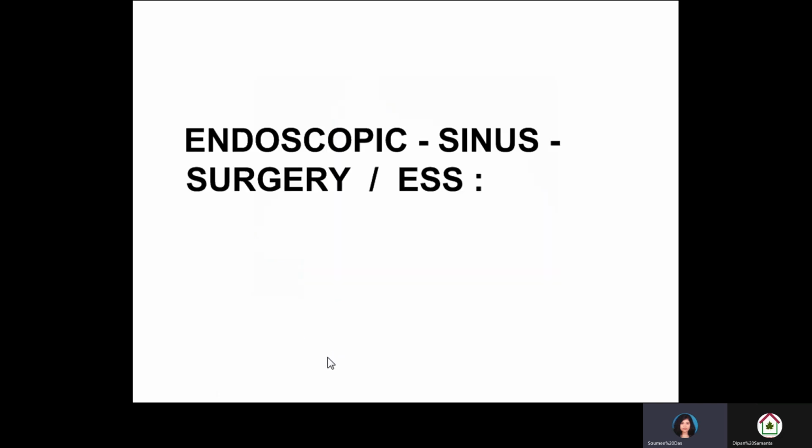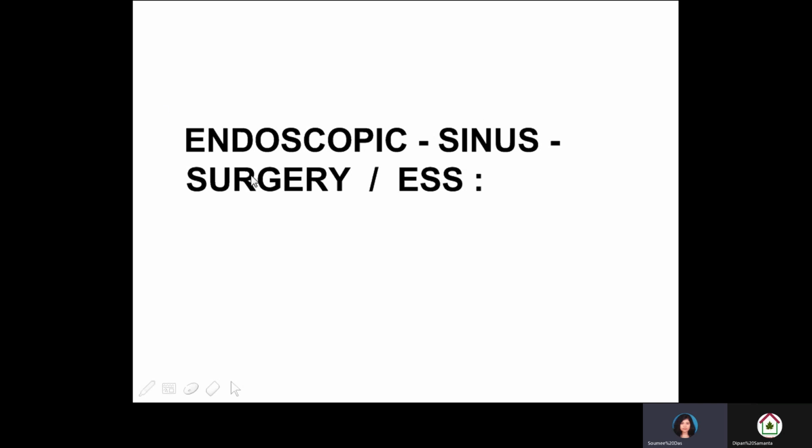Next is endoscopic sinus surgery or ESS. So whenever there is delicate surgery inside the nasal cavity, we always choose endoscopic sinus surgery to minimize the extent of damage and the extent of incision. Okay, so we use endoscopic sinus surgery.